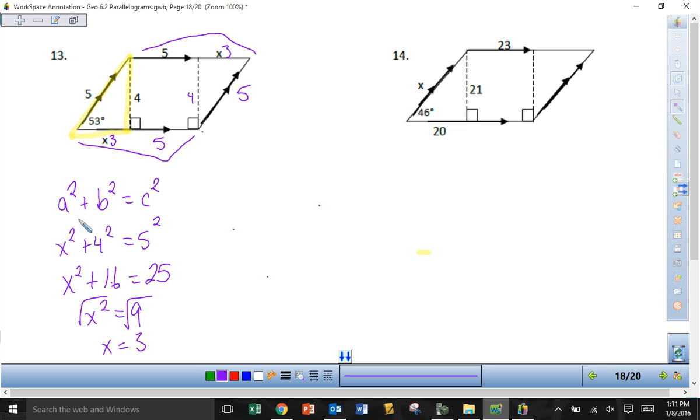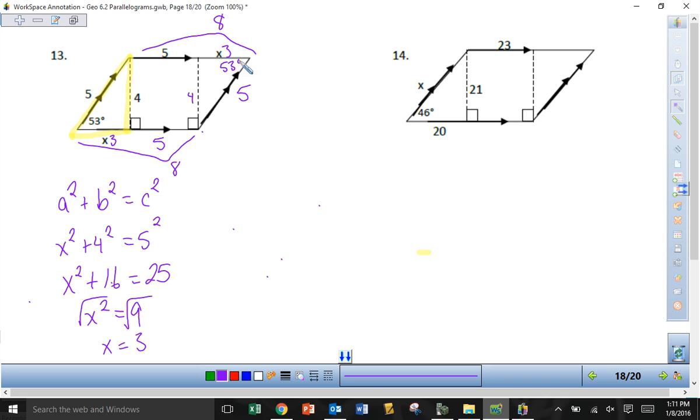But we still haven't found the total length. If this is 3 and this is 5, that means the whole thing would be 8, which makes the whole thing 8 up there as well. All right, we took care of all the side lengths. Let's talk angles. If this is a 53-degree angle, we know that up in this corner we will have a 53-degree angle as well.